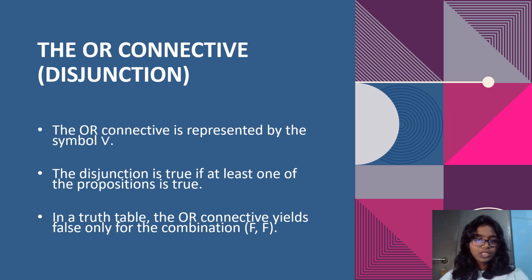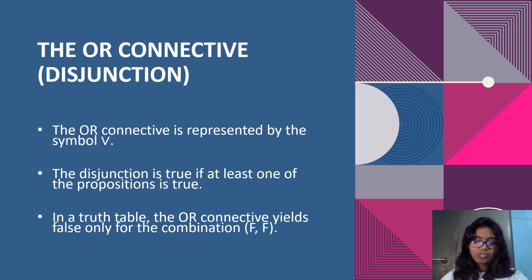Now we are going to the next one, that is the OR connective, that is disjunction. The OR connective is represented by the symbol V. The disjunction is true if at least one of the propositions is true.